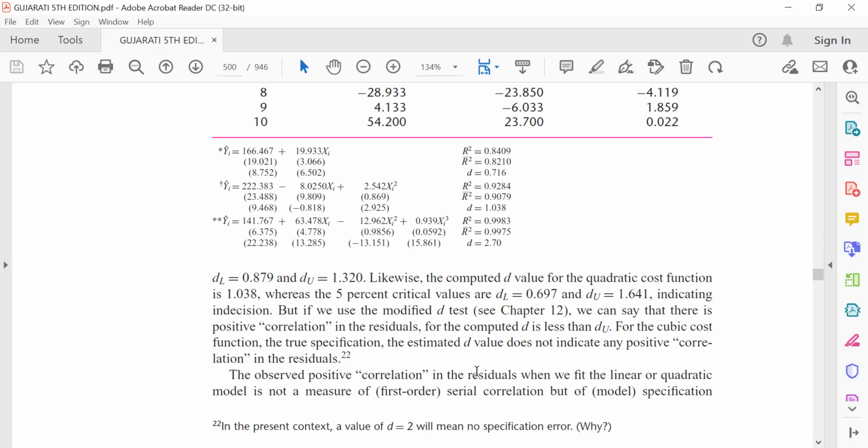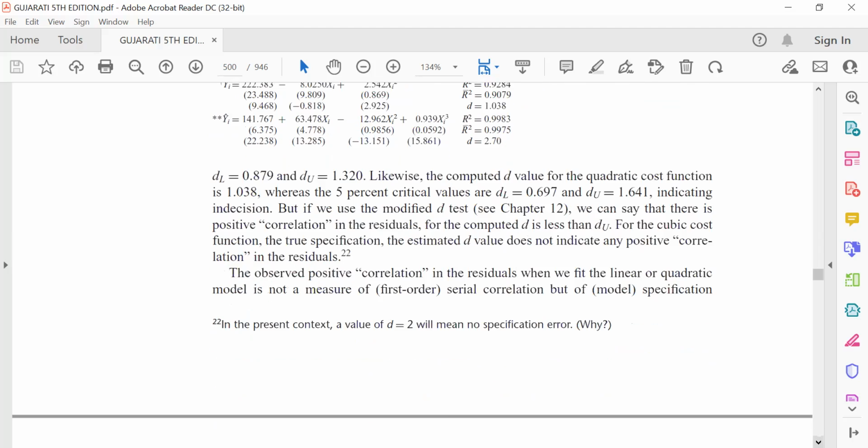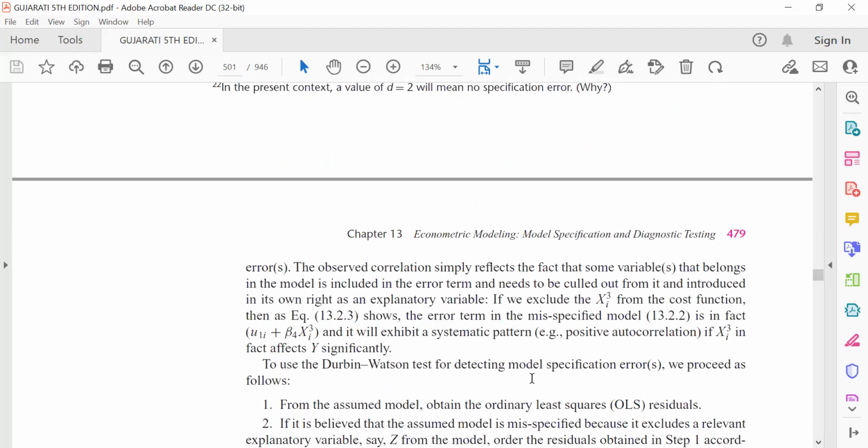The observed positive correlation in the residuals when we fit the linear or quadratic model is not a measure of first-order serial correlation. But if we use the higher-order model, we have this problem. The observed correlation simply reflects the fact that some variables belong in the model, but are included in the error term and need to be separated out as distinct variables.